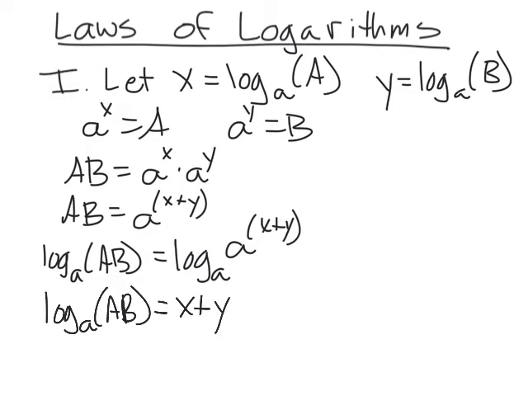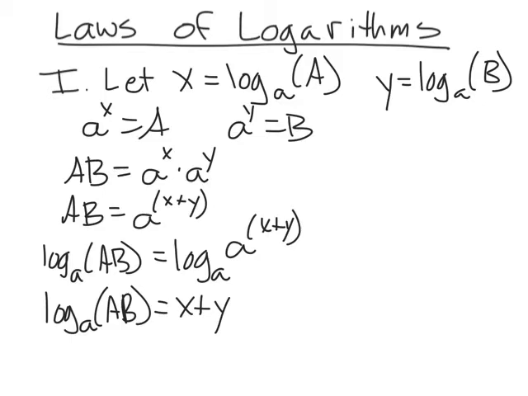So if you look at that, I want to replace x and y with a logarithmic expression. We come all the way back to the top, and x is equal to log to the base a of A, and y is equal to log to the base a of B. So this is going to lead me to my first law, which I'm going to write next to here in red.